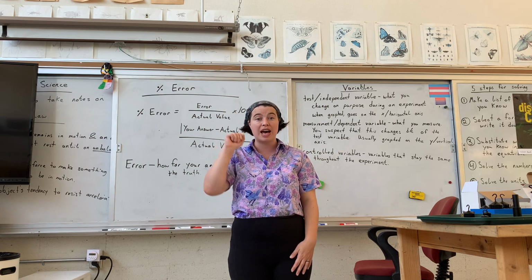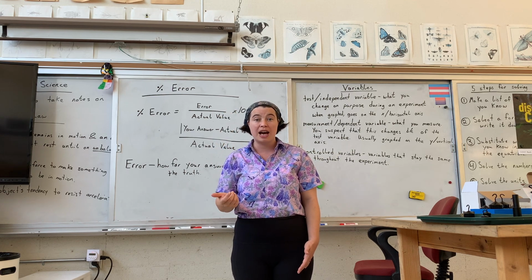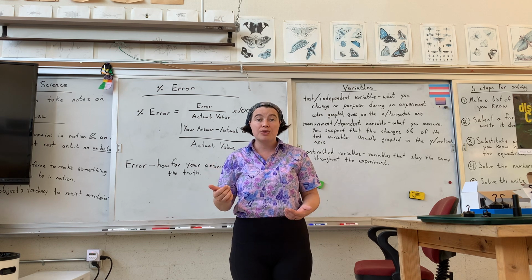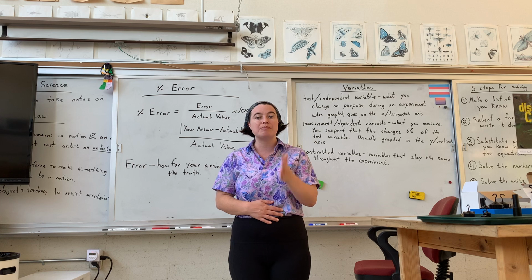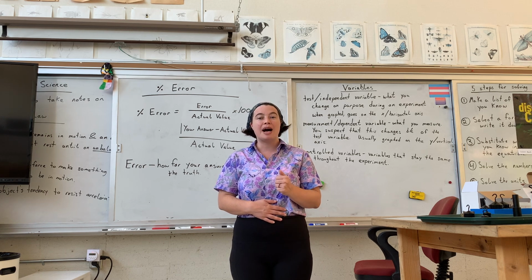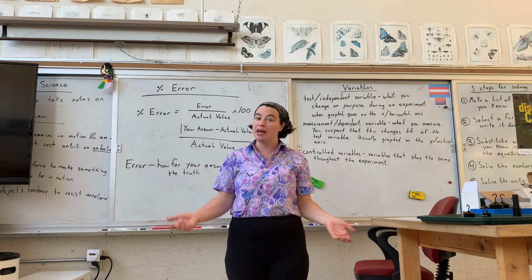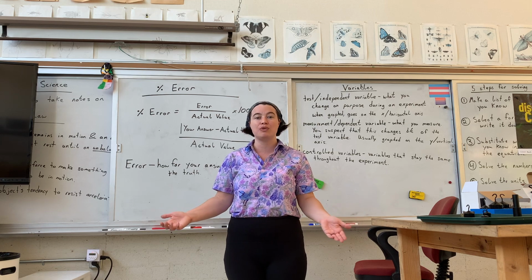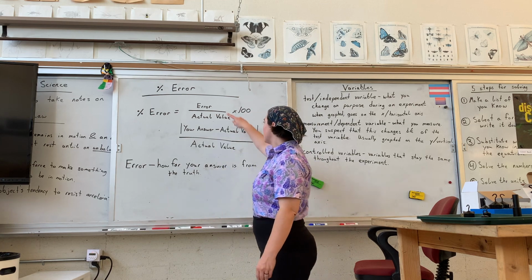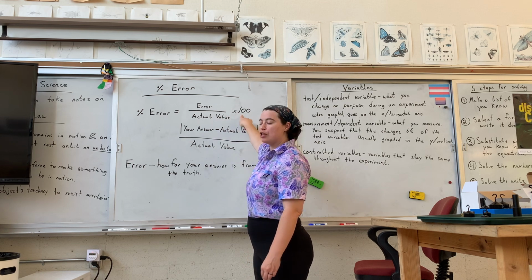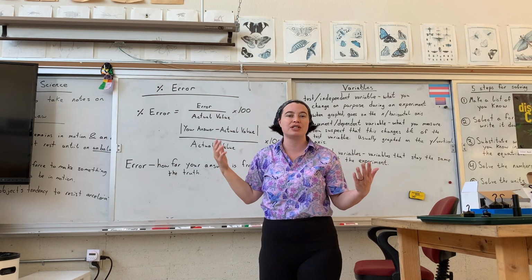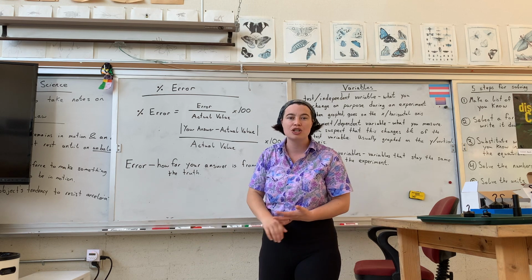So what's 5 divided by 25? I get 1/5 or 0.2. And I would take that 0.2 and multiply it by 100. What multiplying by 100 does is it literally just turns it from a decimal into a percentage.